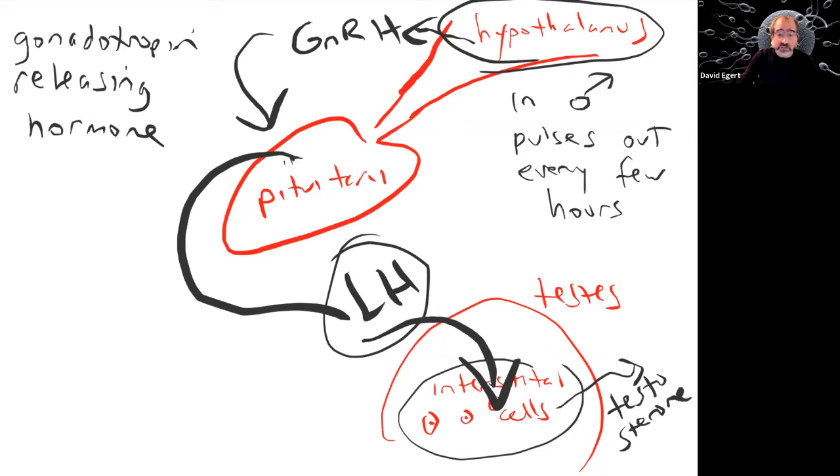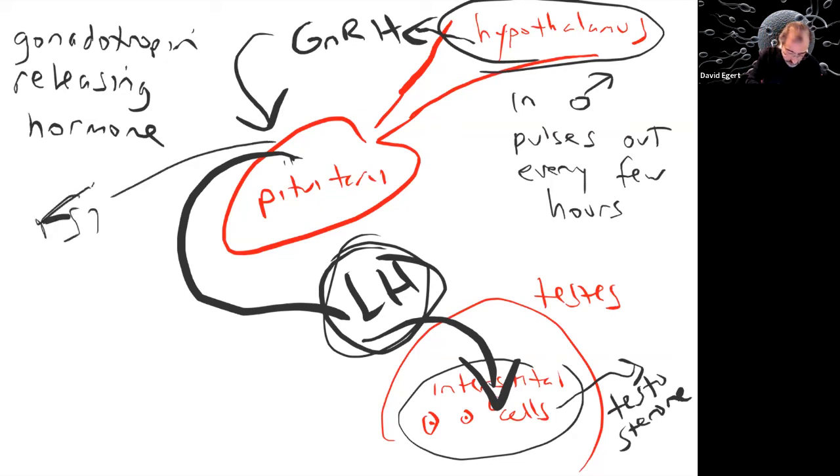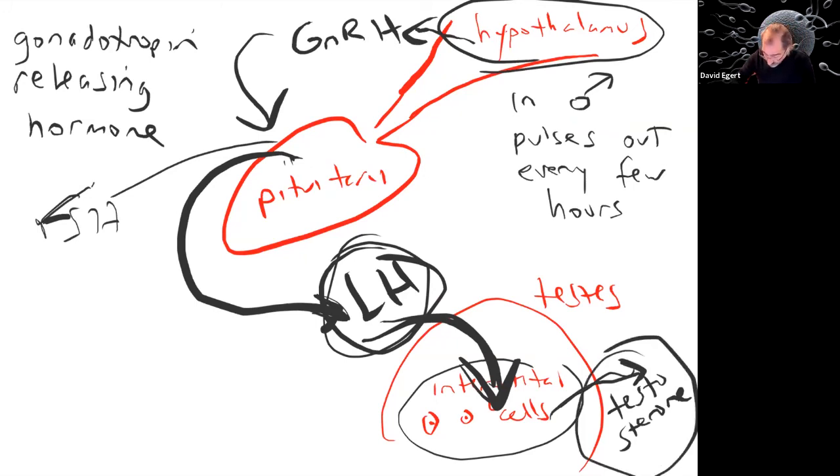So every few hours it pulses, which means LH is getting released, as well as FSH, which will follow in a few moments. The LH then talks to the interstitial cells. The interstitial cells make testosterone. And then we have a negative feedback loop here.